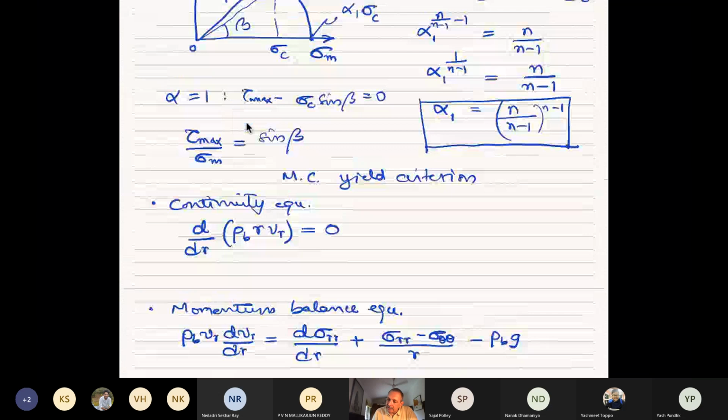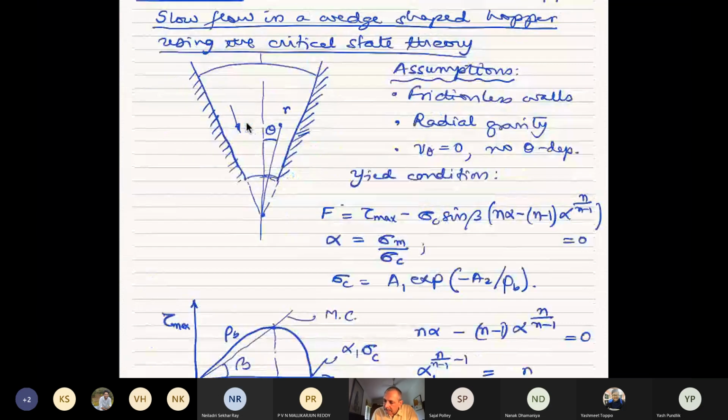That is a unit vector that is in the theta direction, which is this. So suppose this angle, we call it as gamma.